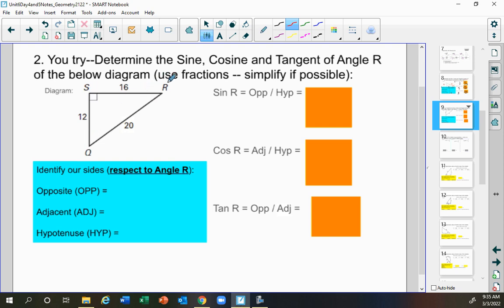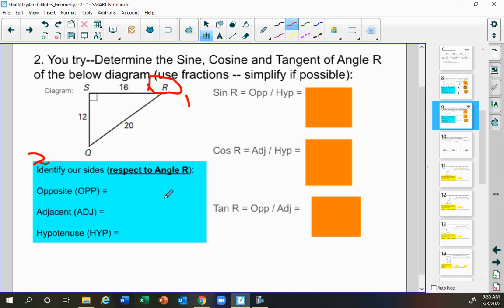Right side. So angle R is over here. Now, so that's number 1. So then number 2, identify our sides.